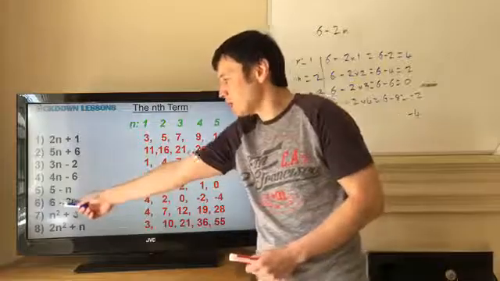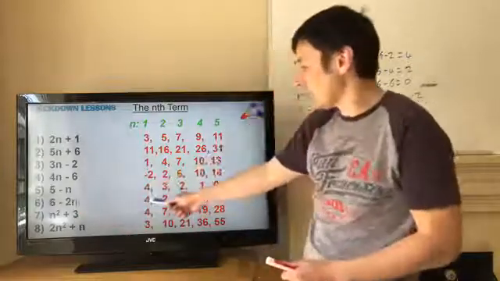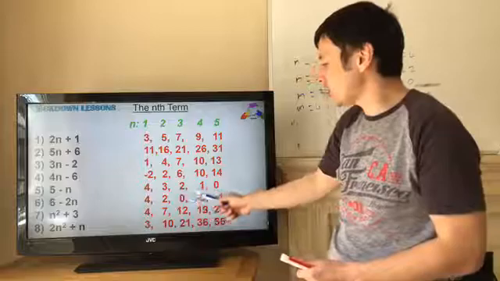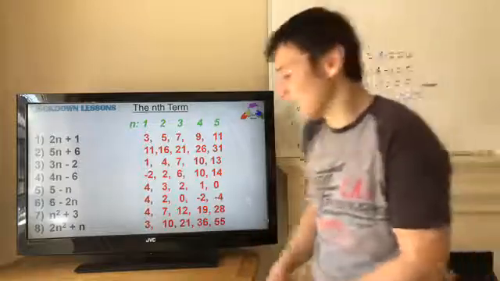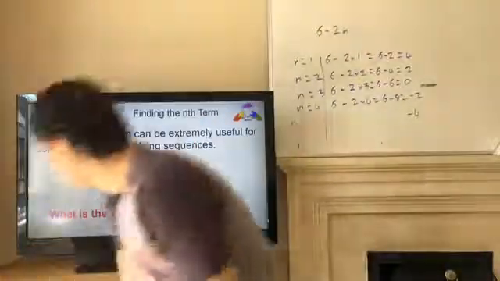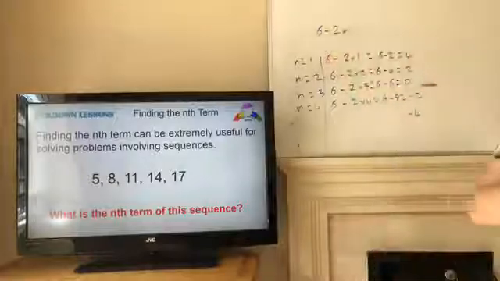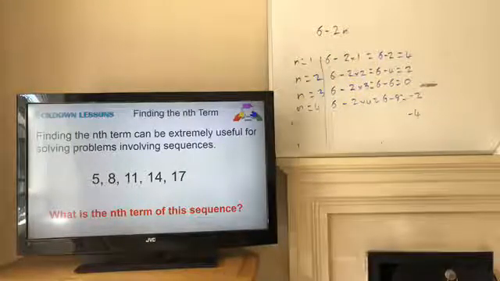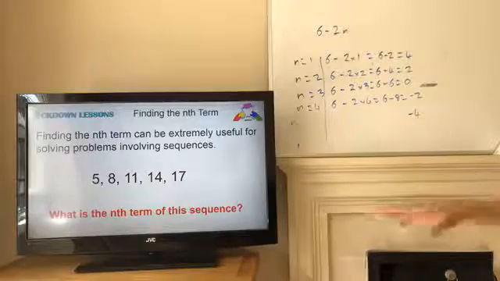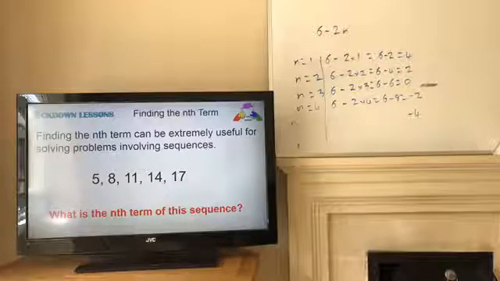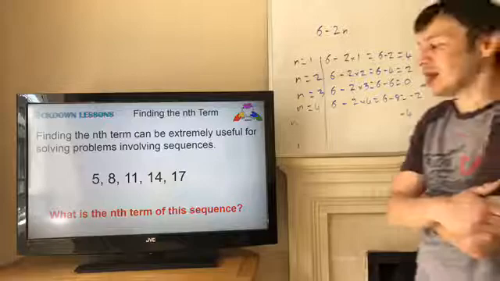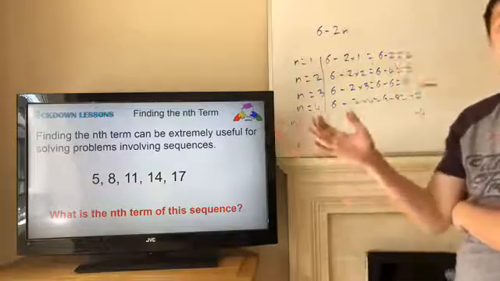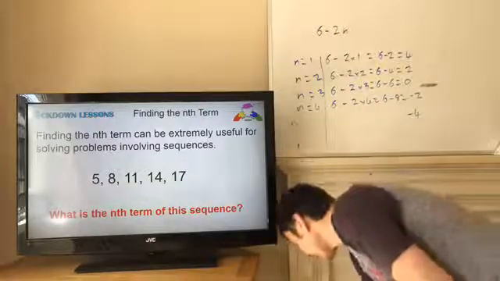This is a minus 2n sequence, it goes down in 2s each time. So maybe that will give you a tip about how to answer that. What is the nth term of this sequence? If you can work out what you think the formula is that generates this sequence, post it in the chat please.